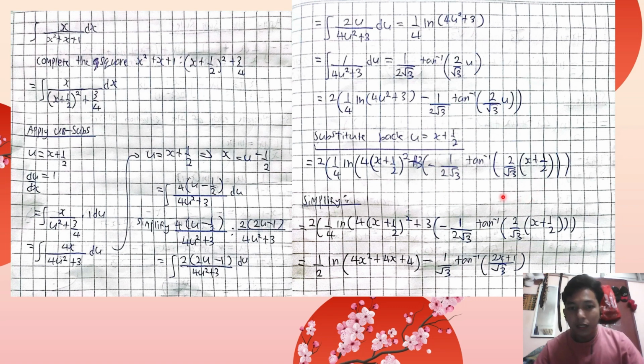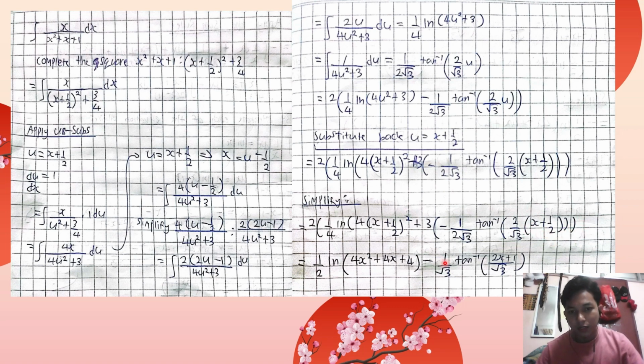Then simplify it. We can now get 2 bracket of 1 over 4 ln 4 multiplied by (x plus 1 over 2) to the power of 2, plus 3, minus 1 over 2 square root of 3 arctangent of 2 over square root 3 times (x plus 1 over 2).